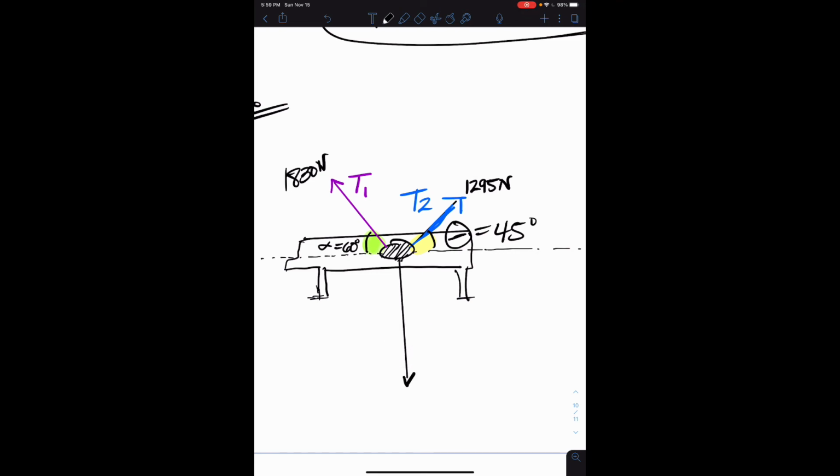This one is 2500 newtons. They just call it capital W, which I was not going to use because it looks so much like work, but they do put a vector sign over it, so maybe that's to differentiate it from work, so I'll keep it that way. But just to be clear, this is Fg, force gravity, and this is 2500 newtons.